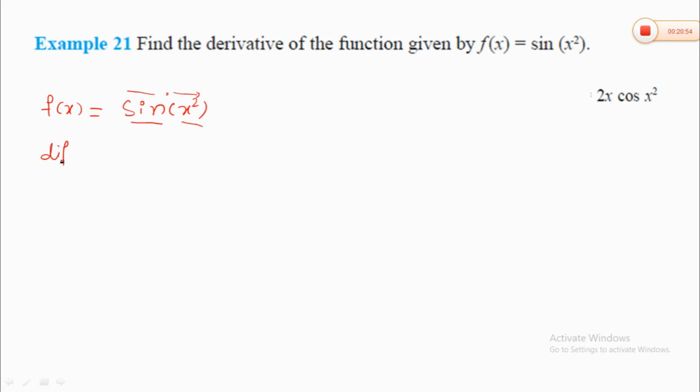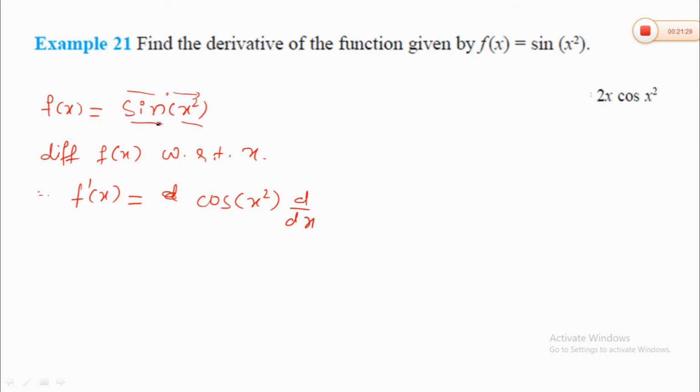Differentiate f(x) with respect to x, or differentiate y with respect to x. Therefore, the derivative of f(x) is f dash x, equal to first the derivative of sine. Derivative of sine is cos of x square, dy dx.